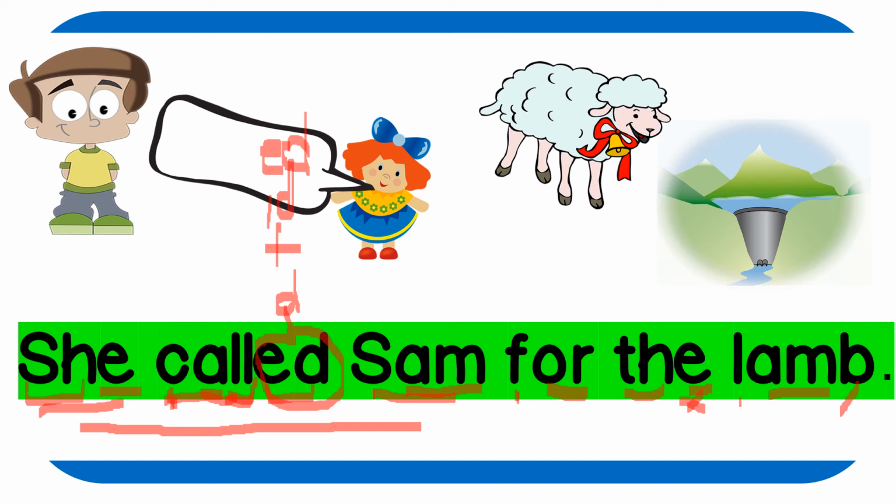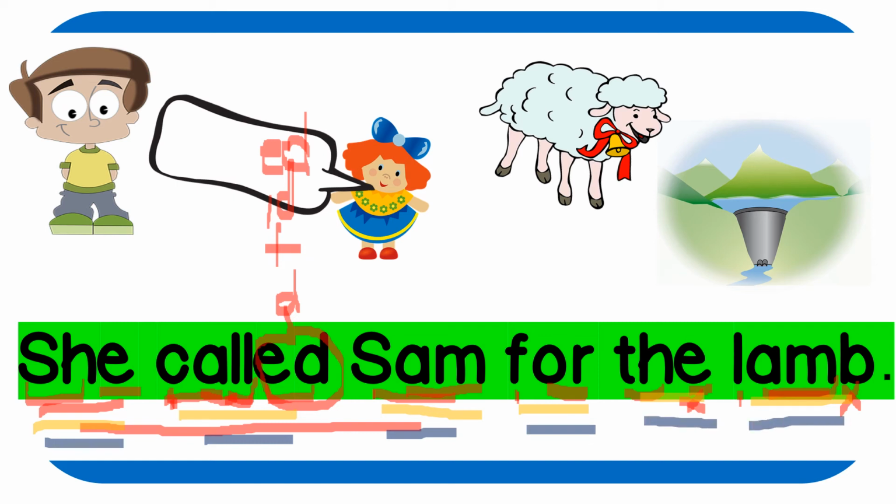The B is silent. Lamb. Let's read from the top now. She called some for the lamb. One more time. She called some for the lamb.